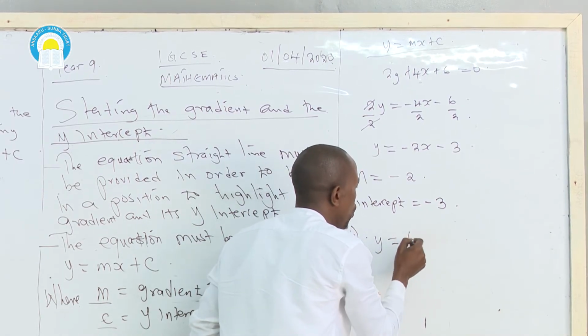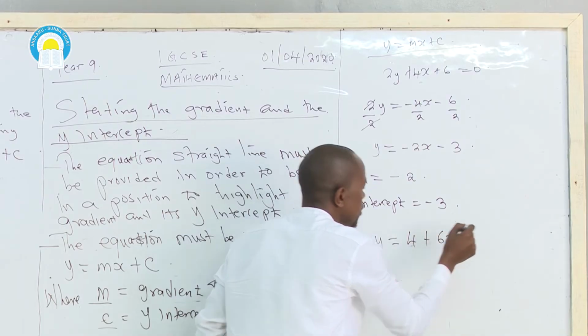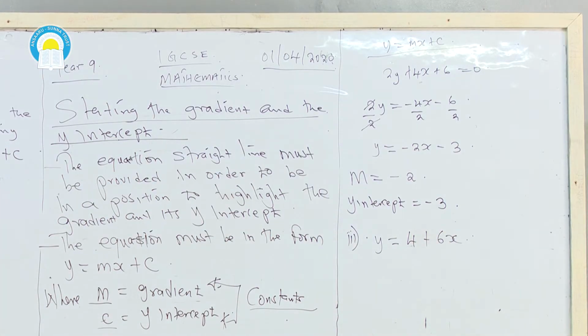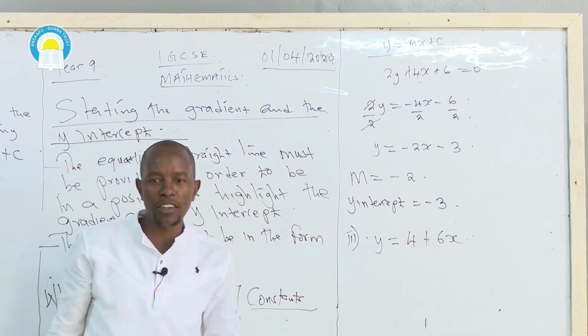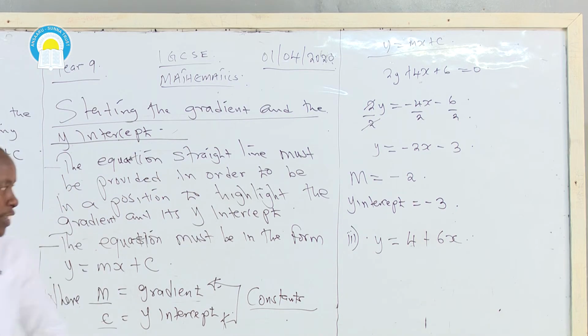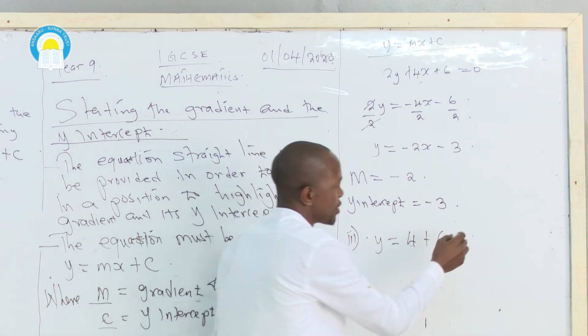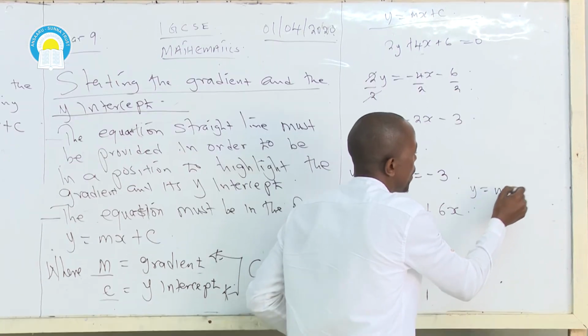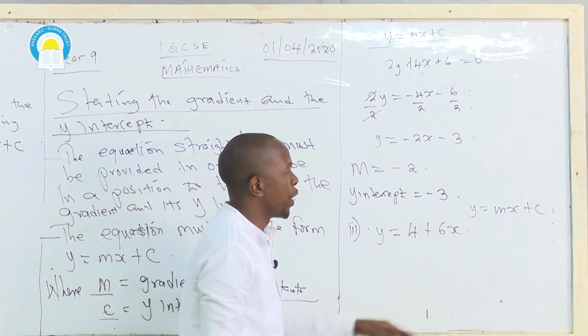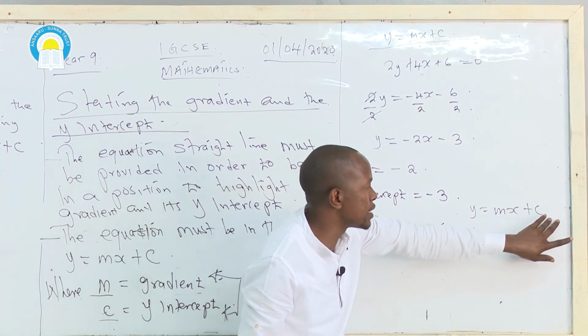It is 4 plus 6x. Now, the question is, is it written in the form of y is equals to mx plus c before you start stating the gradient and the y-intercept? Now, we end up with the constant c.